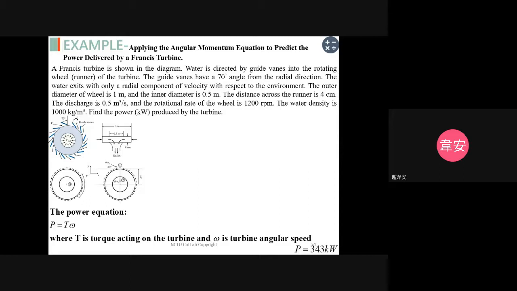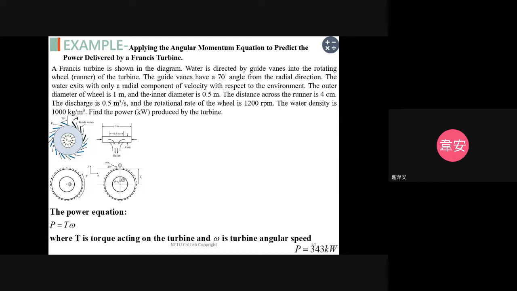This is the guide vanes, and as the video mentioned, we can adjust the angle of the guide vanes to direct the water, and the water is directed by the guide vanes into the rotating runners of the turbines, so the water will push the runner, and the runner will start to rotate.